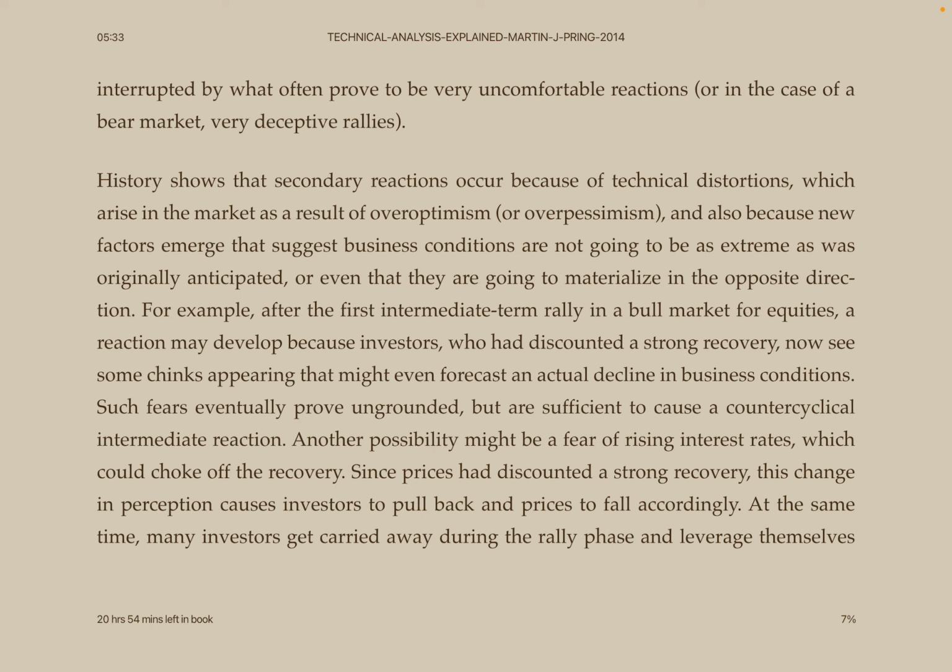History shows that secondary reactions occur because of technical distortions which arise in the market as a result of over optimism or over pessimism, and also because new factors emerge that suggest business conditions are not going to be as extreme as was originally anticipated, or even that they are going to materialize in the opposite direction.